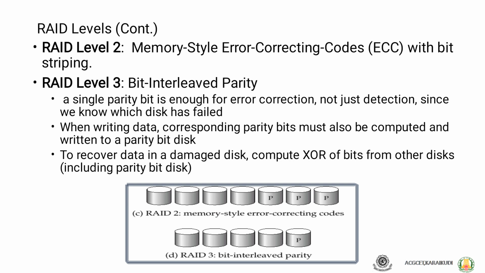Instead of data blocks, RAID 2 stripes data at the bit level across multiple disks, and it uses the Hamming error code correction and stores the information on the redundancy disk.